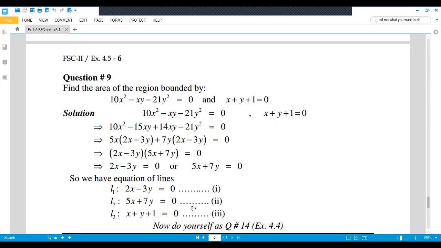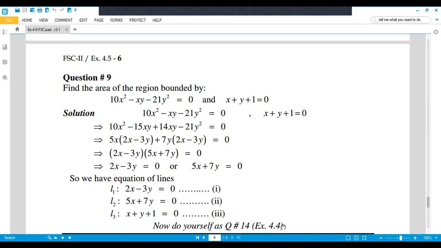So the area of the bounded region, you will find just like question number 14 of exercise 4.4. How? X divided by the determinant of the coefficient of y and constant. In the first two, constants are not given, so you will take 0, 0 as the constant.